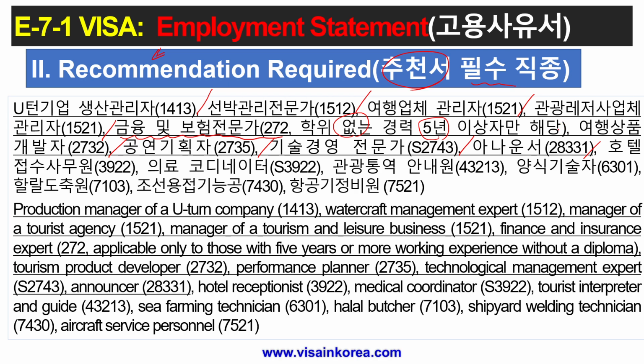When you apply for the E-7-1, there are a few job codes that really require a recommendation letter from relevant ministries. Which job codes are necessarily required for the recommendation letter?